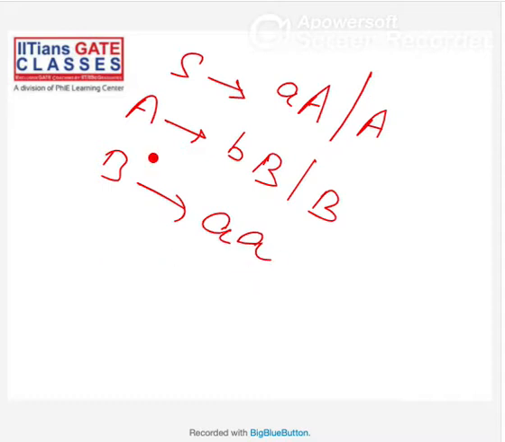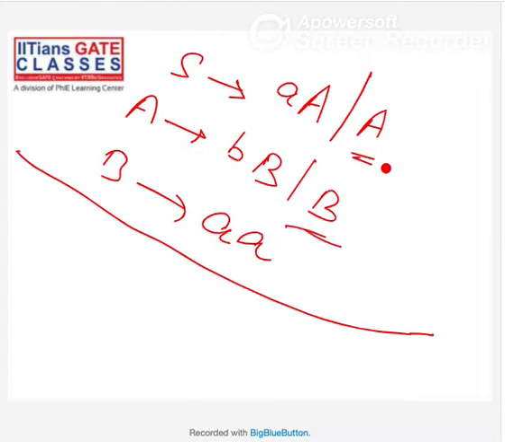Let's assume this is the situation. Here you can see you have unit productions. S is going to A, this is a unit production. A is going to B, this is also a unit production. Now you want to remove these unit productions.